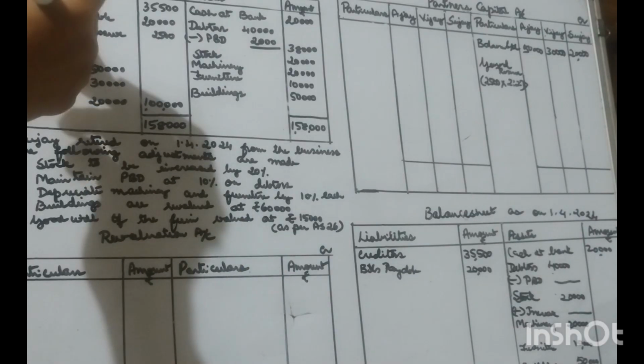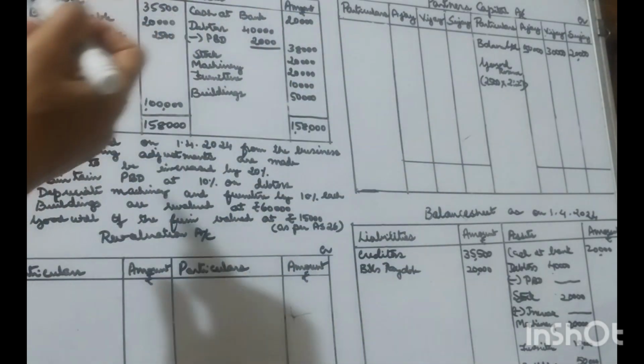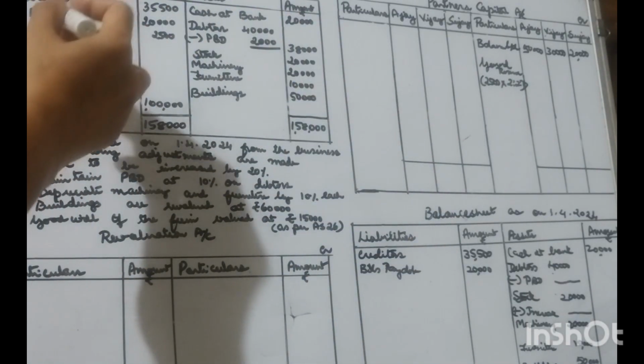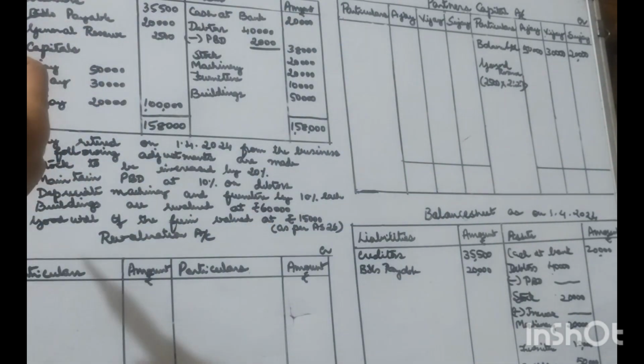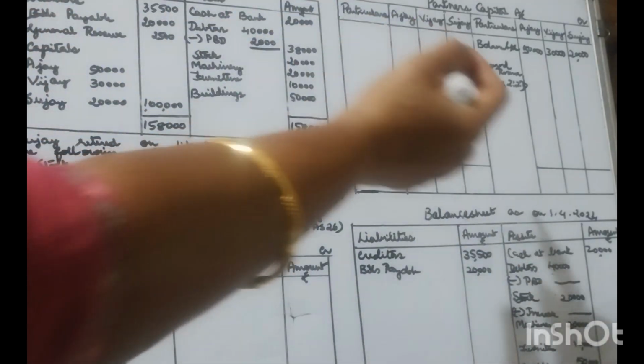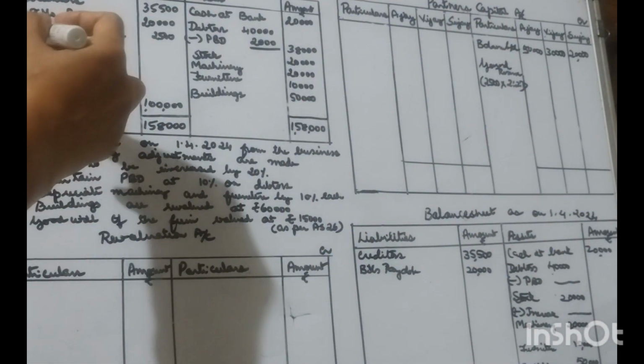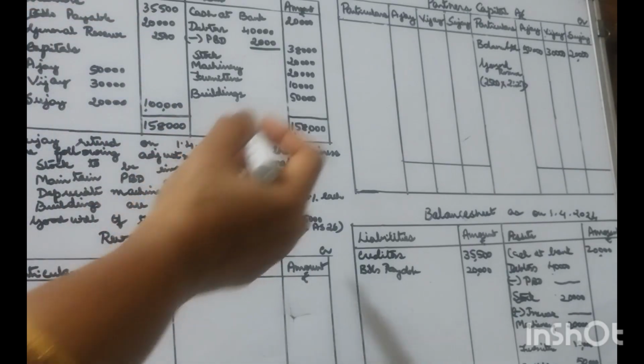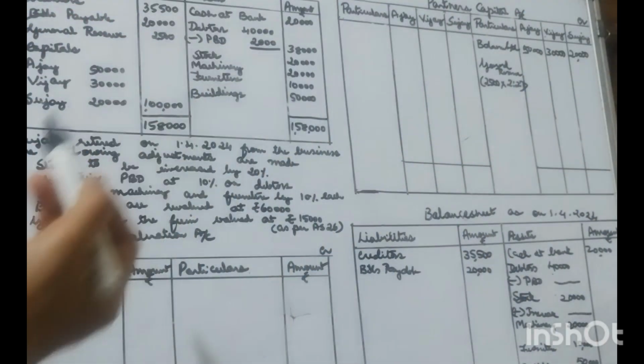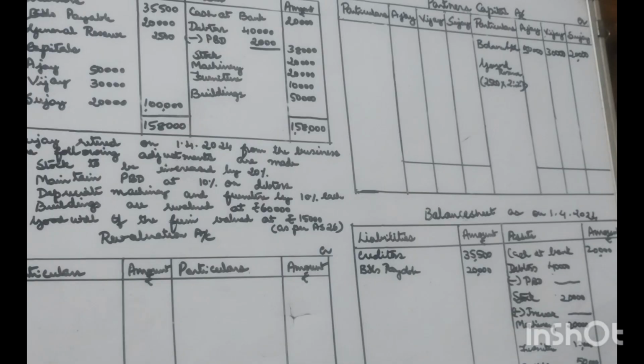So creditors, as usual, under the liability side of the balance sheet. Bills payable, liability. General reserve has to be distributed among all three partners, including the retiring partner also. Three partners' capitals are given, recorded as balance brought down: Ajay, Vijay as well as Sujay, 50,000, 30,000, 20,000 respectively.